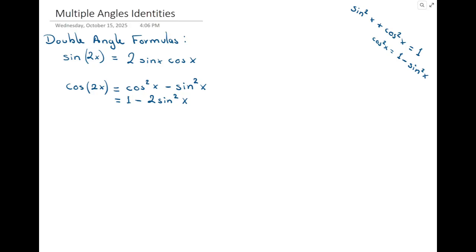And now obviously we can do the same thing by replacing sine squared this time, right? So sine squared will be equal to 1 minus cosine squared x. But we have to be careful when we do that because there is a negative right in front of that sine.